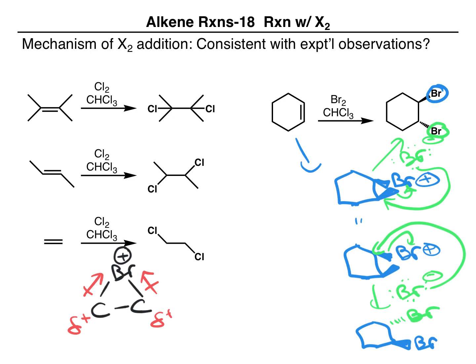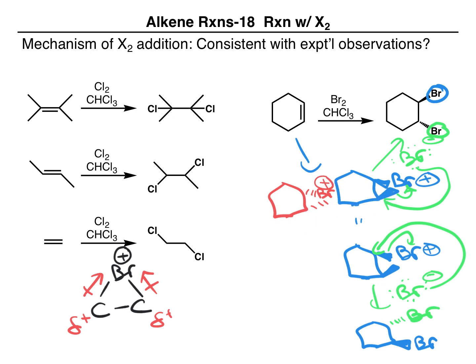Also keep in mind that the cyclic bromonium ion could form on the front face, as shown here, or it could form on the back face. If it forms on the back face for this particular molecule, it's the same thing.